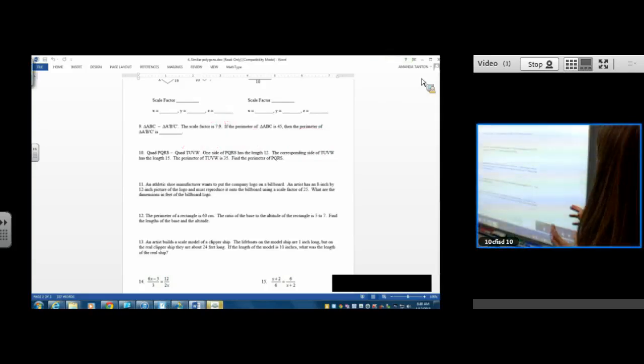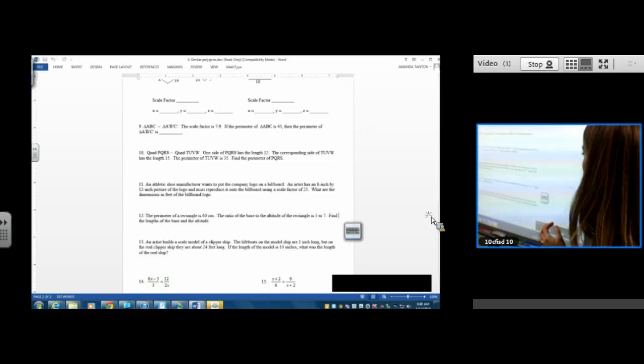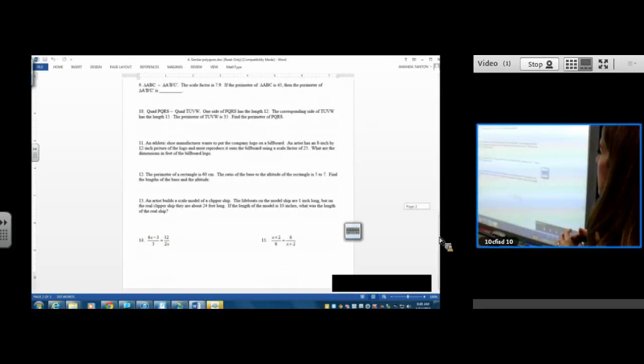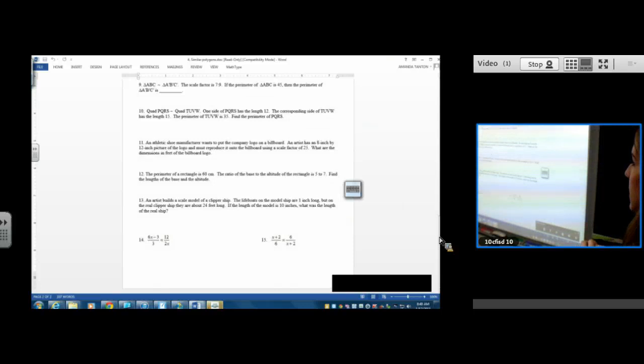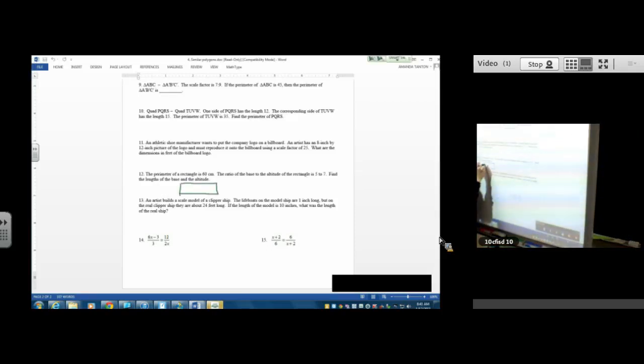Now we're looking at number 12 from the homework. The perimeter of a rectangle is 60 centimeters. The ratio of the base to the altitude is 5 to 7. Find the lengths of the base and the altitude. Step 1, please draw a rectangle. The perimeter is 60.